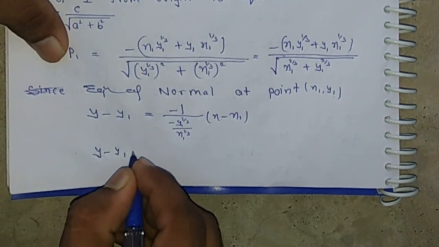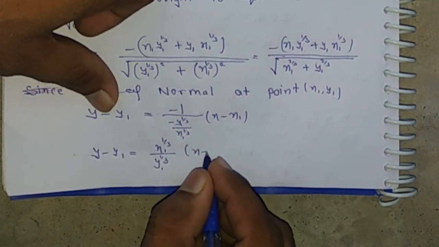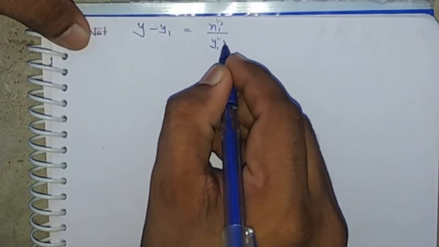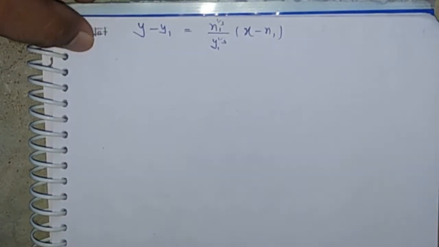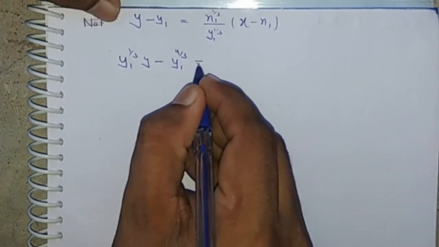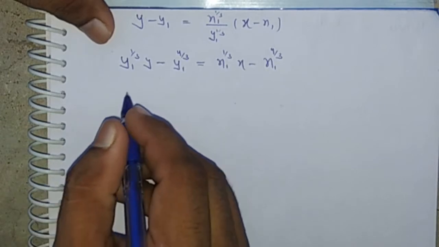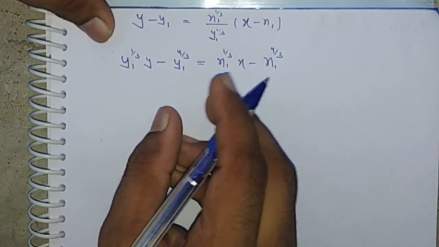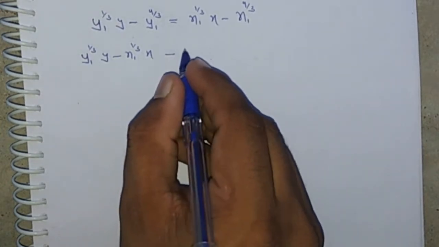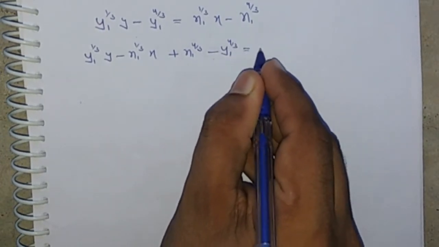Now y minus y1 equal, it is y1 to the power 1/3 y minus y1 to the power 4/3 equal x1 to the power 1/3 x minus x1 to the power 4/3. Then the equation of normal is y1 to the power 1/3 y minus x1 to the power 1/3 x plus x1 to the power 4/3 minus y1 to the power 4/3 equals 0.